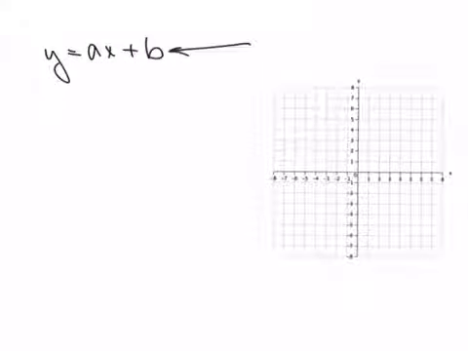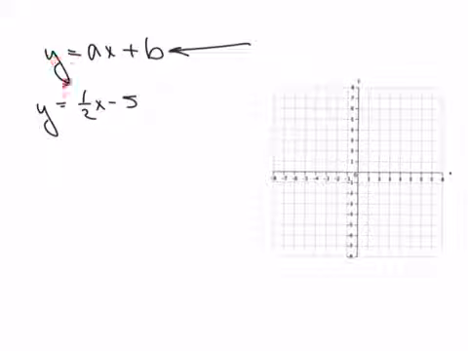This number right here will always be where the graph crosses the y-axis. Always. That's called the slope-intercept form, and we'll get into that later. But if we had an equation such as this one, notice that this equation looks similar to this.